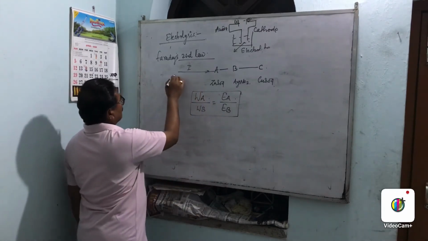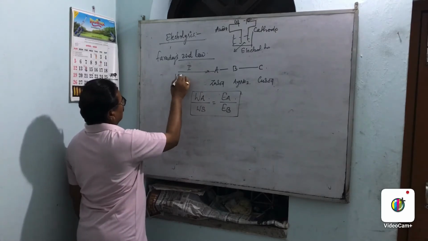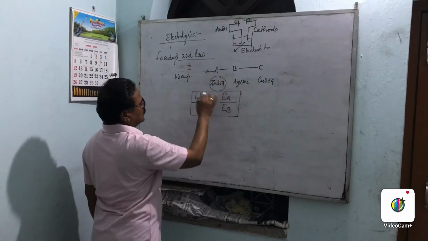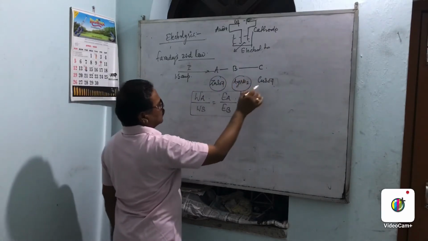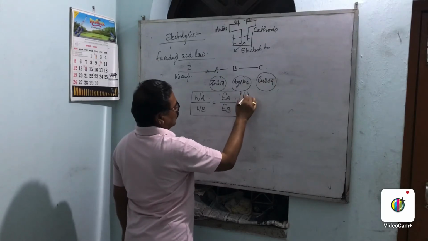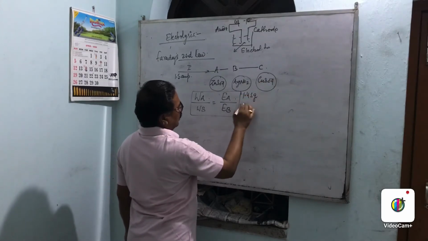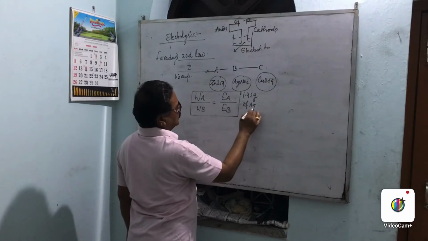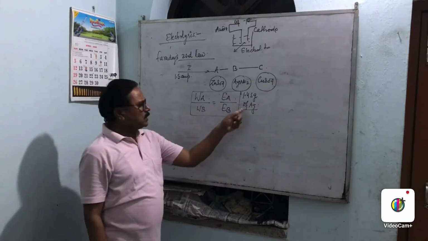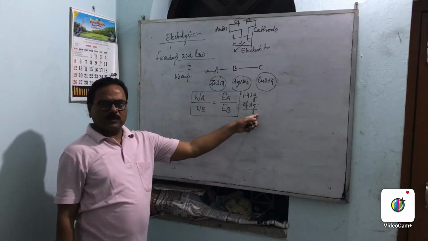we pass a 1.5 ampere current through the electrolytes zinc sulfate, AgNO3, and copper sulfate, and it is found that 1.45 gram of Ag is deposited at the cathode.